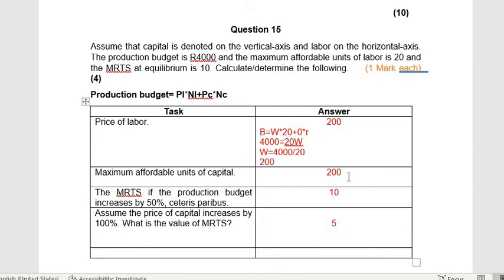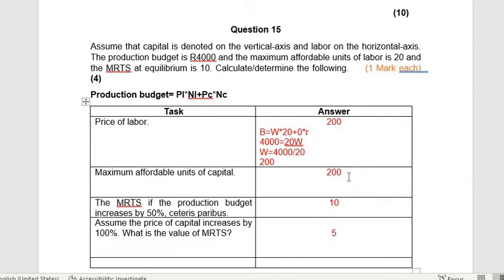And then the maximum affordable units of capital. I'm going to use the marginal rate of technical substitution to try to get the maximum affordable units of capital.